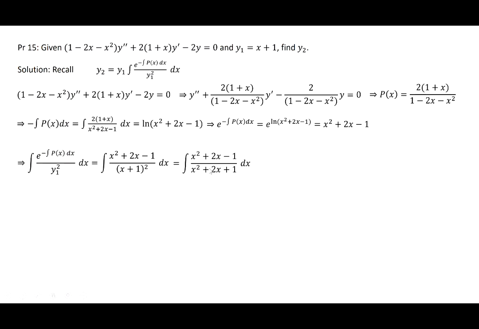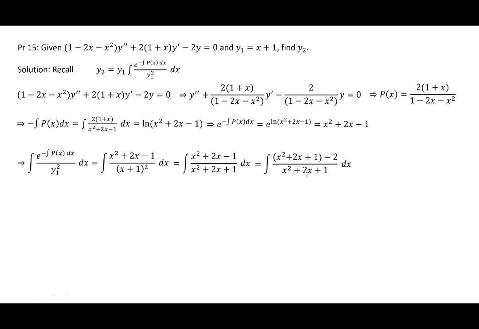I just wanted to show you this. But then, can I say the top is exactly what the denominator is, x squared plus 2x plus 1? But then I'll subtract 2 from it, like that.